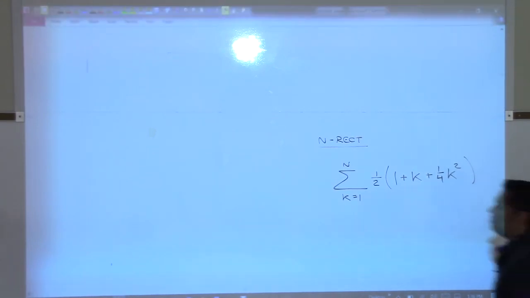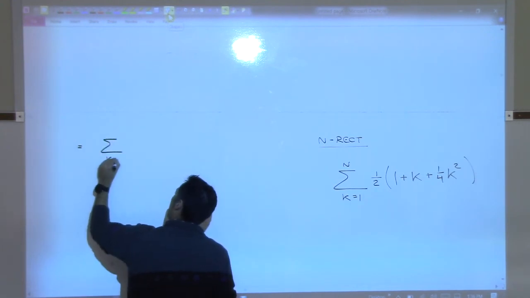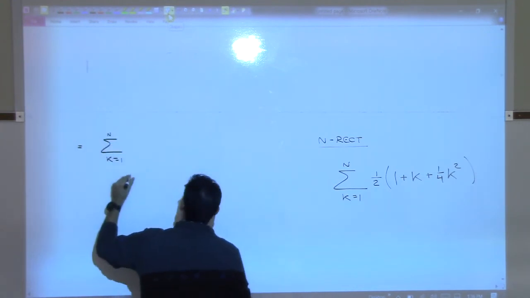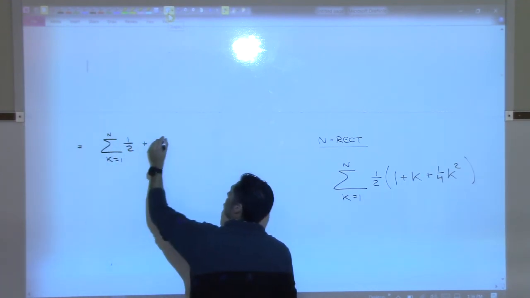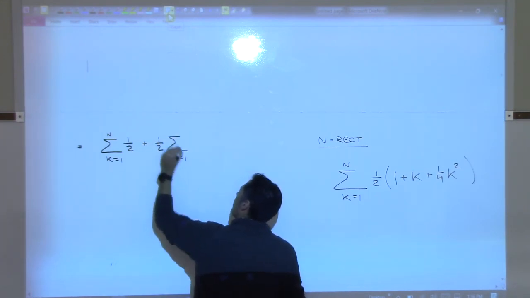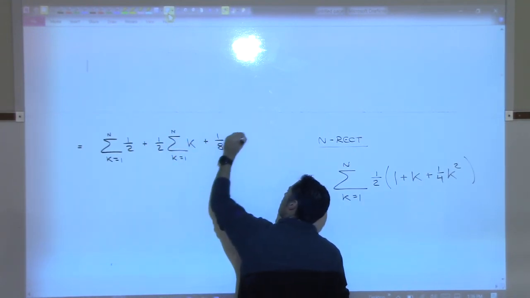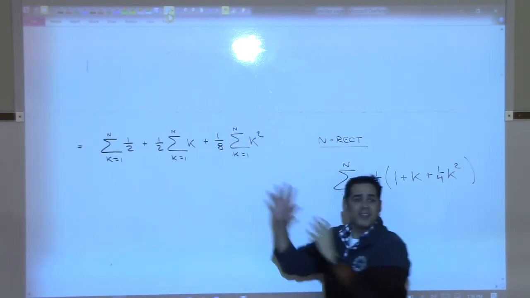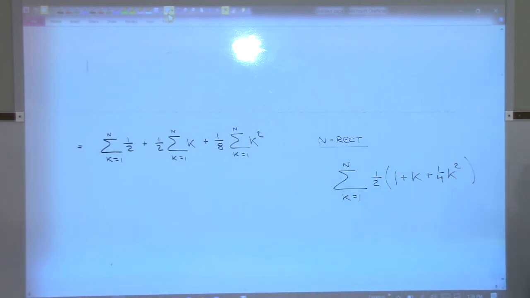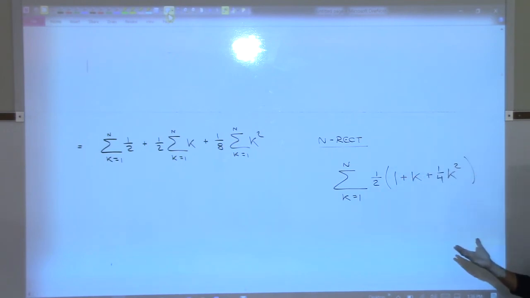It equals sum k equals 1 to n of 1/2 plus 1/2 sum k equals 1 to n of k, and then plus 1/8 sum k equals 1 to n of k squared. Do y'all see that that is the same formula we've been using, but instead of 8 or 70, we're using n, yes? So this should be the formula for n rectangles.